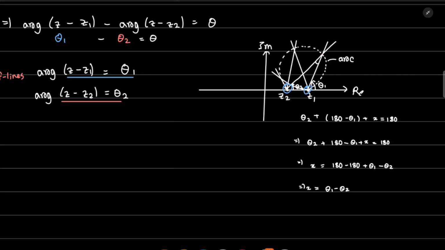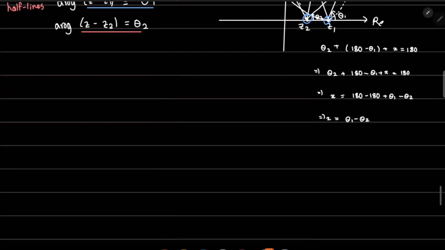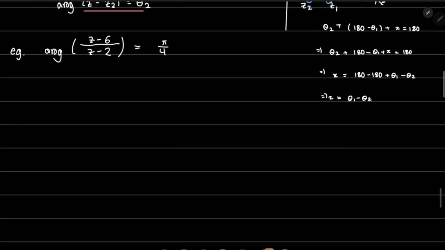Now, an important question might be to find the equation of the circle that this arc is of. So I'll do an example. It will be a long one. So if I have argument of (z minus 6) divided by (z minus 2) equal to pi by 4. I'm not taking any imaginary component for this to keep it simple because the working will be long anyways.